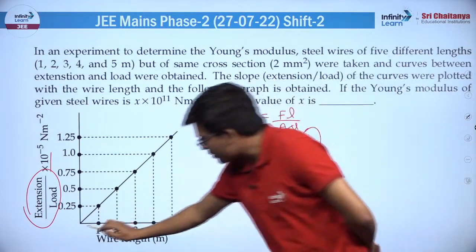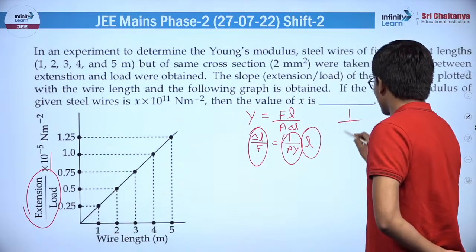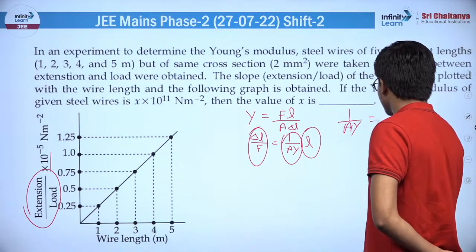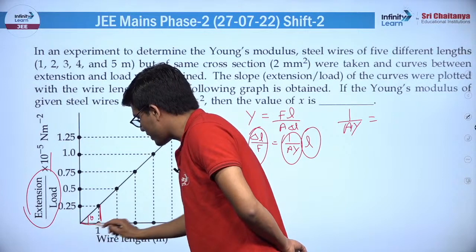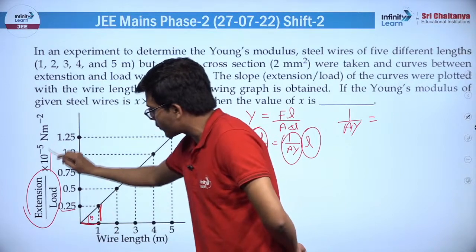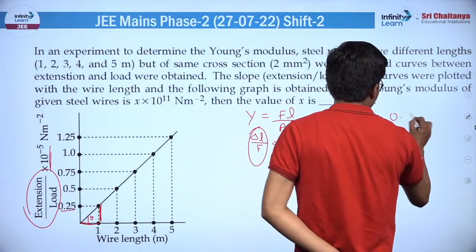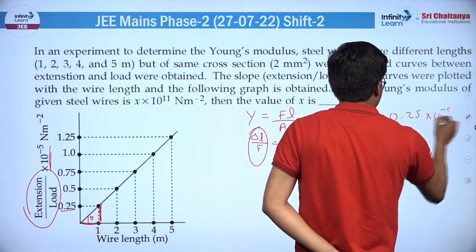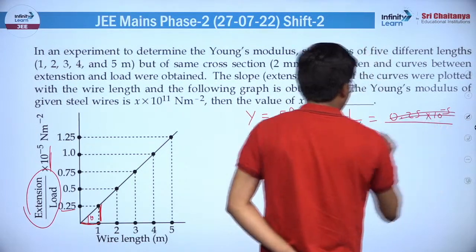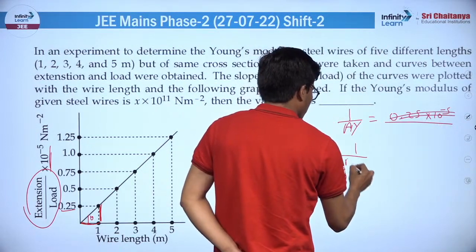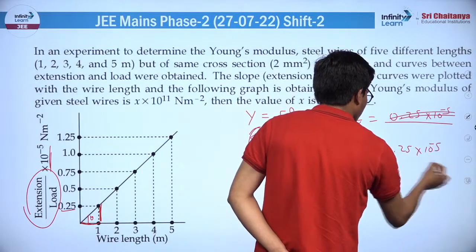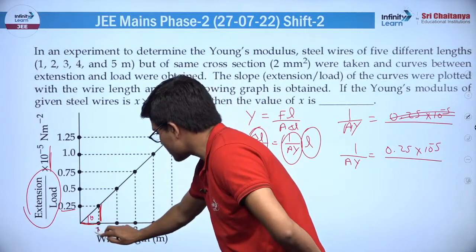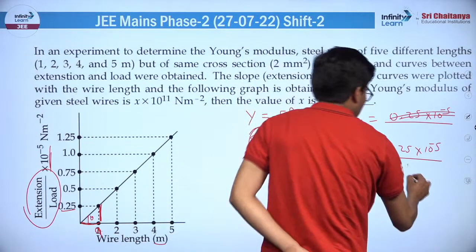So the slope of this line will be 1 upon AY, and that you can write as tan theta is perpendicular upon base. This perpendicular is 0.25 into 10 to the power minus 5. This should be in the denominator, 1 upon AY, everything was right, 0.25 into 10 to the power minus 5 divided by base. Base is 1 and the unit is meter, right.